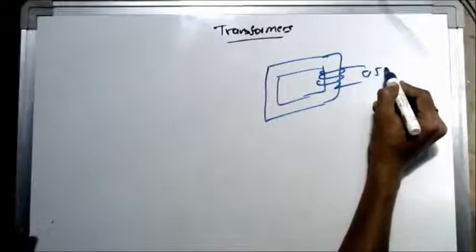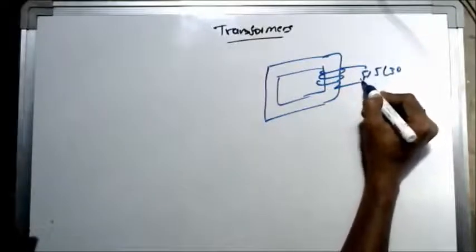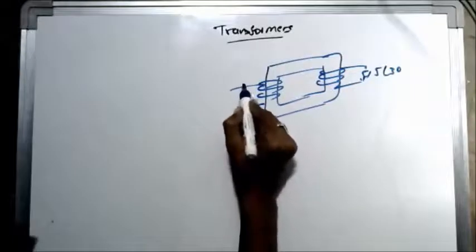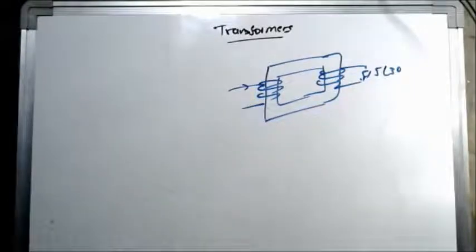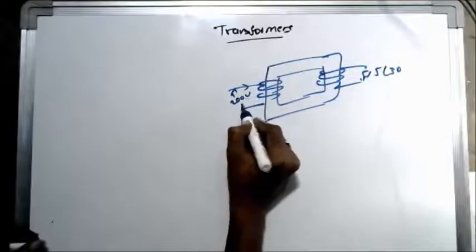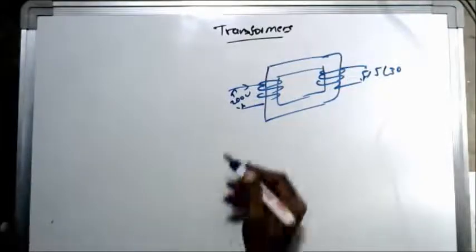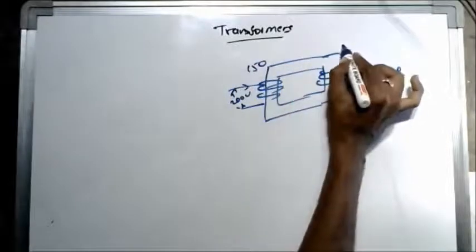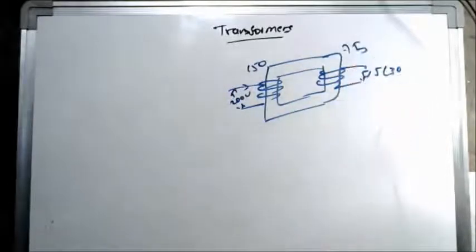This is the primary, 200 volts. The number of turns at the primary is 150 and at the secondary 75.